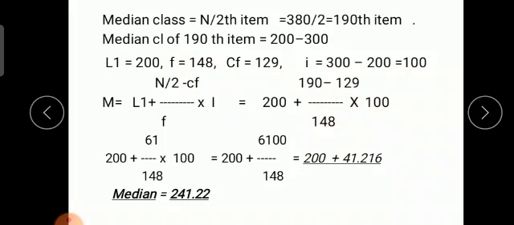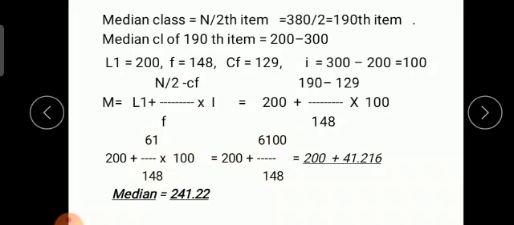Now you take the next step. You write 200 as it is, with a plus sign. Now you do 190 minus 129, which gives 61, and the rest as it is, 148 into 100. Next step, 200 as it is, then 61 into 100 is 6100, divided by 148.